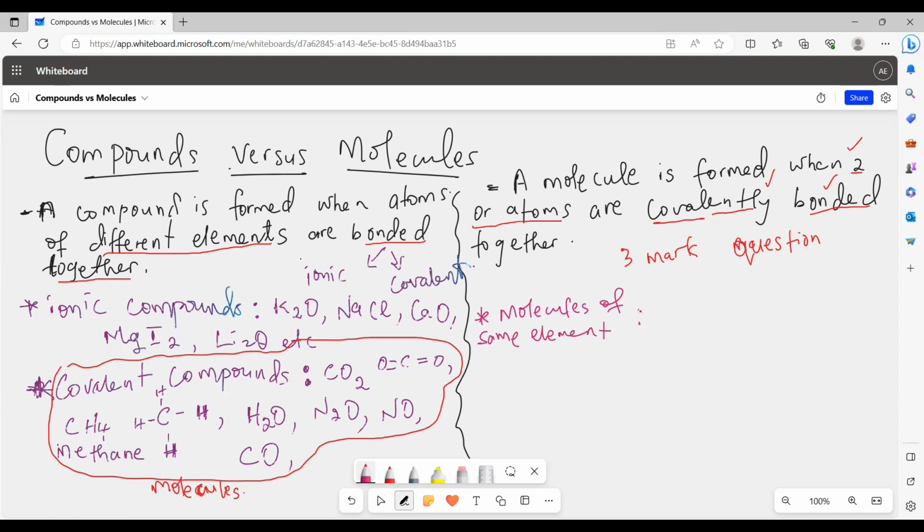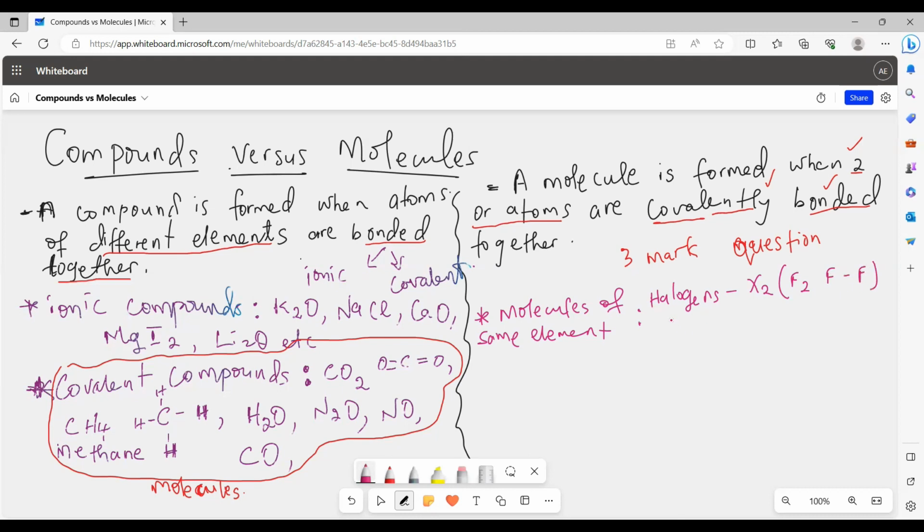For example, you could have the halogens, which you can call X2. For example, you have fluorine, F2. So that's a molecule.